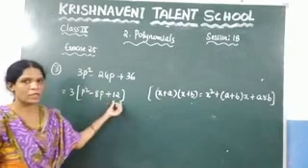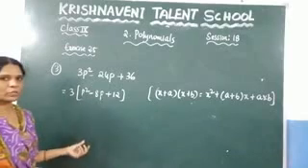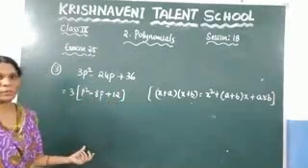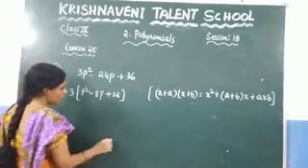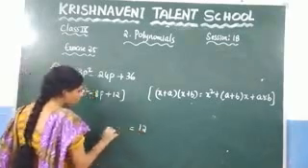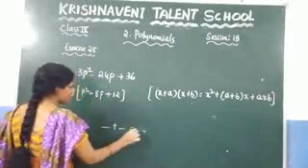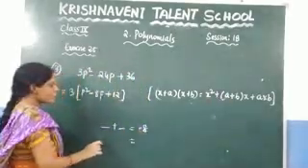Now it is in the form of x square plus a plus b into x plus a into b. That means you need to write this 8 as the sum of two numbers, and you need to write this 12 as the product of two numbers. So the same numbers you need to take here. What are those numbers? If you add the numbers, you need to get minus 8, because this is the formula we are applying here.